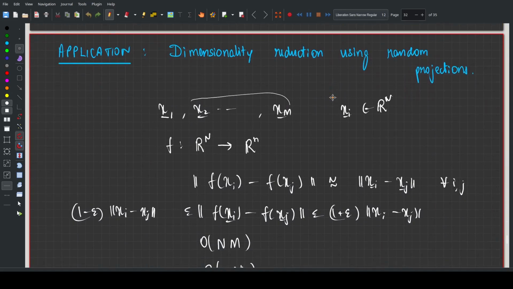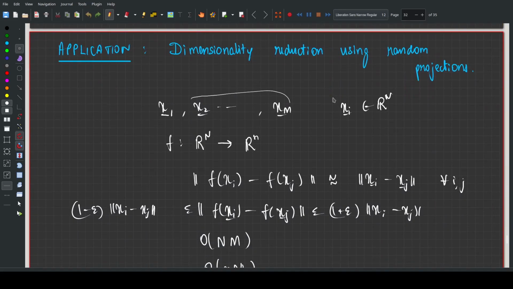So we also looked at one particular application of concentration inequalities. In the last class, I introduced the problem of dimensionality reduction, wherein you have m data points, and the goal is to reduce the dimension. Each data point is a high dimensional vector. The question is, can you reduce the dimensionality of each of these vectors while at the same time preserving some property of this set of vectors?